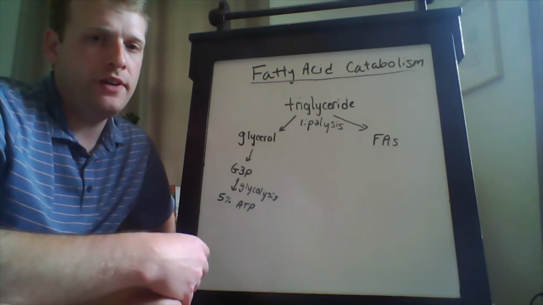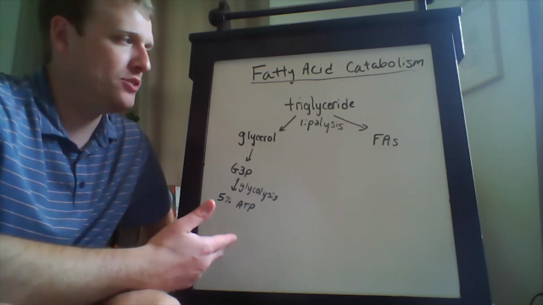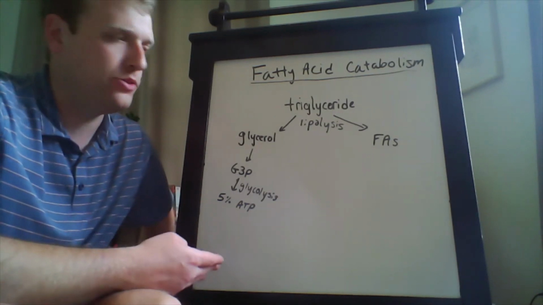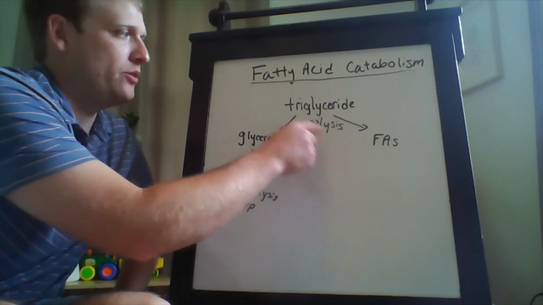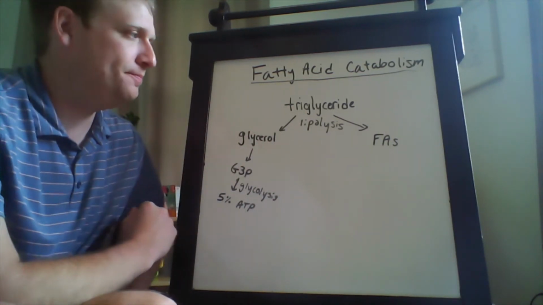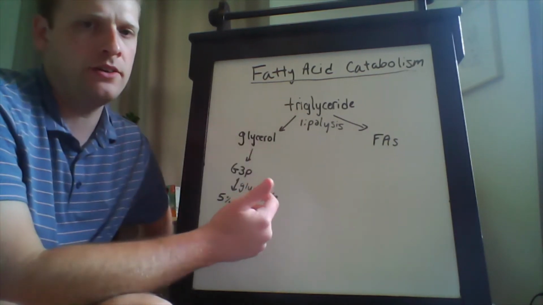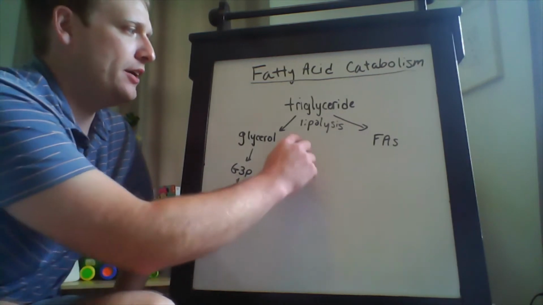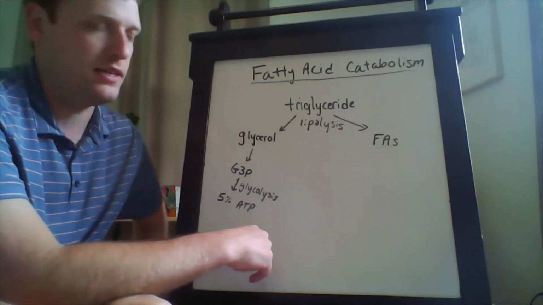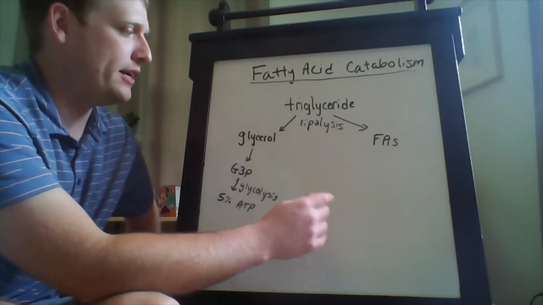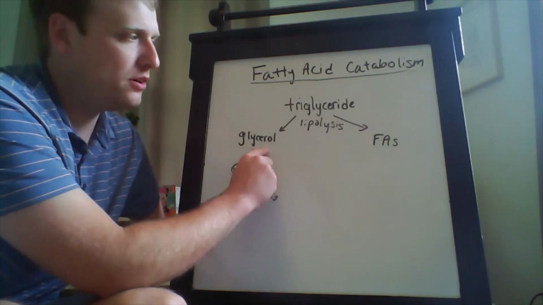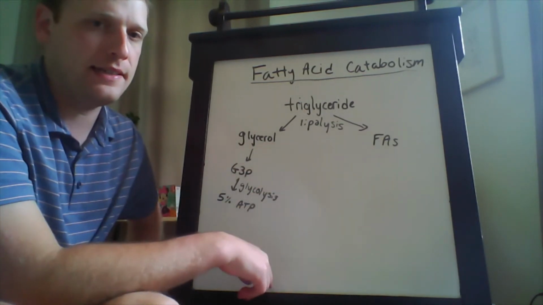So now moving on and talking about what happens to those molecules that we've just produced after lipolysis. You have some energy need, you need to break down your triglycerides, and you go through the process again of lipolysis, breaking down one triglyceride into one molecule of glycerol and 3 fatty acids.